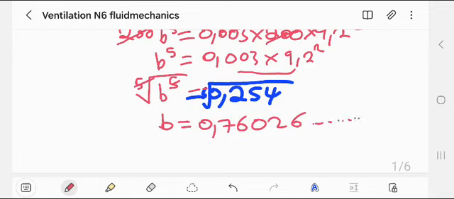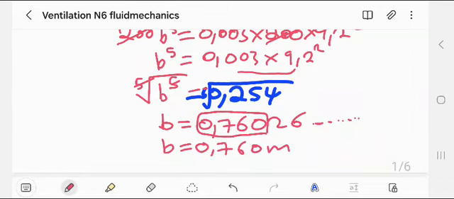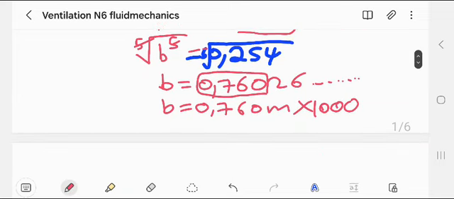But since it's a final answer, we can just make it 3 decimal places. So we'll take this part, which will be 0.76, but let us make it be in millimeters. You multiply by 1000, then you'll have your answer in millimeters. Your b will be 760 millimeters.